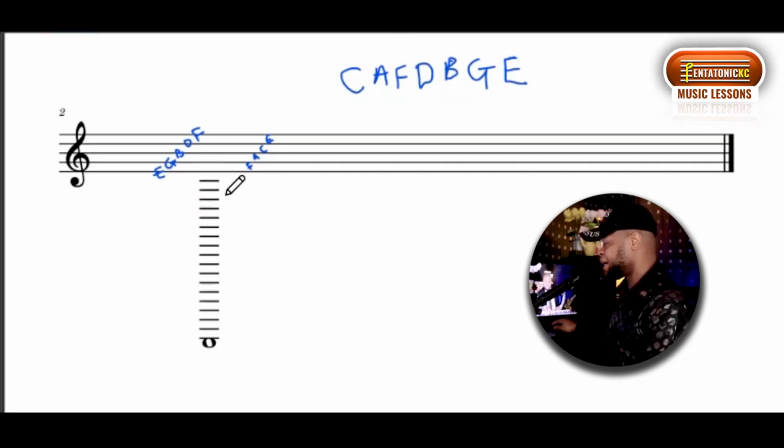From this line, since we're already here, we have to start from here, going back down. So we have cats and fishes dance because goats entertain. Take note, because we're starting from the line, we have to maintain the lines. Same principle.